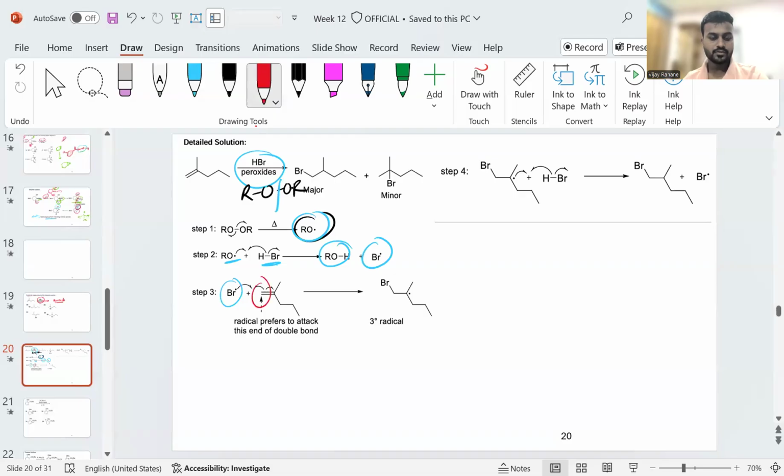So here it attacks at the terminal carbon, and the radical formed in this step is the tertiary radical, which is the stable radical. Then the HBr reacts with this intermediate tertiary radical. The proton abstraction takes place, giving the formation of the product.